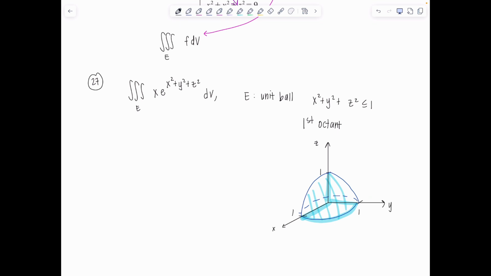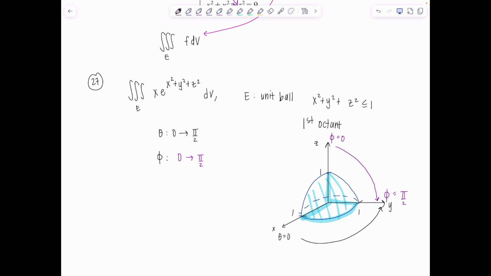Okay, so let's come up with our limits. Theta goes from 0 up until pi over 2. So far, so good? Okay, phi starts at 0 and stops at pi over 2.